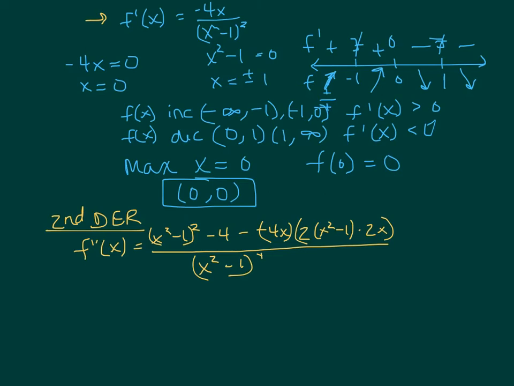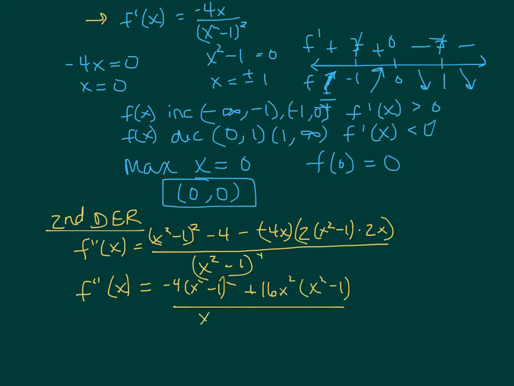Okay, so let's try and simplify this ugly beast. The second derivative is negative 4 times (x squared minus 1) squared. Negative times a negative is going to be a plus. 4x times 2 times 2x is going to be 16x squared, and then (x squared minus 1), all over (x squared minus 1) to the 4th.